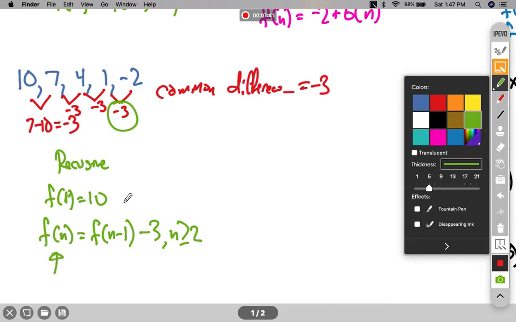So again, this is where I start. This is to find my next number. F of n minus 1 is my last number, and that's my rate of change.